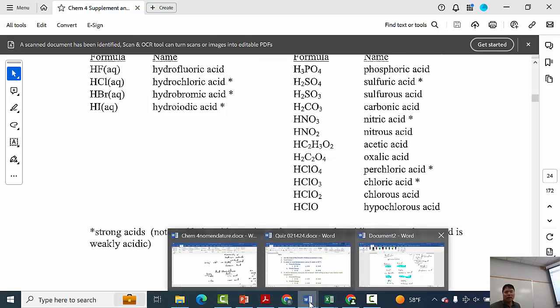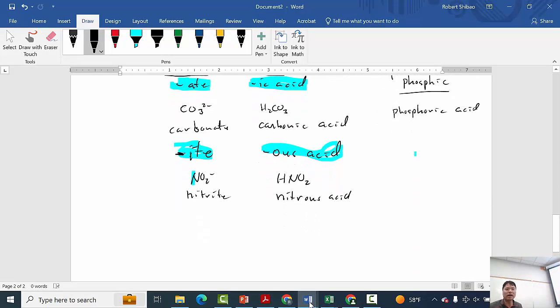Okay, and then finally, we have one other type of anion, and that's the anion that ends in IDE, ides. For ide, we add the hydro prefix and the ic acid suffix. So a common ide would be chloride, and we need enough H's to balance the charge, so we'll form HCl.